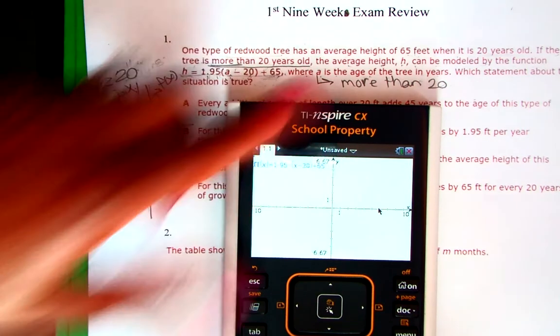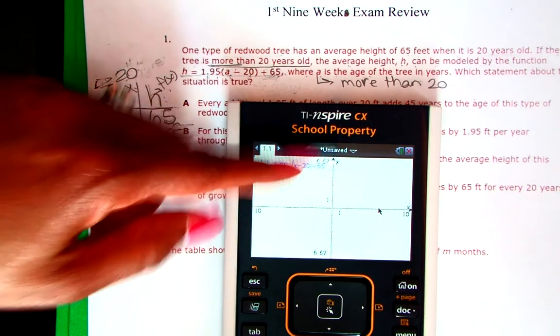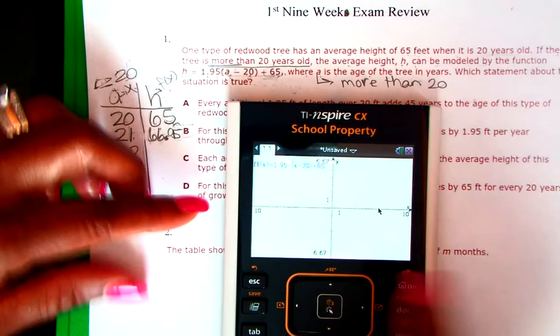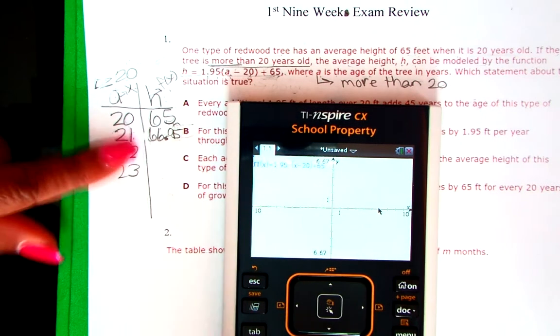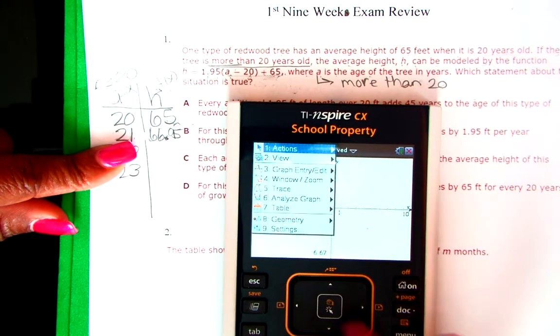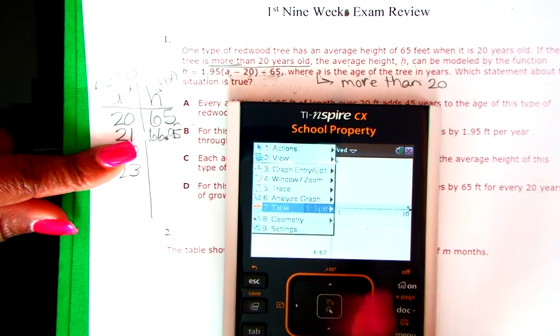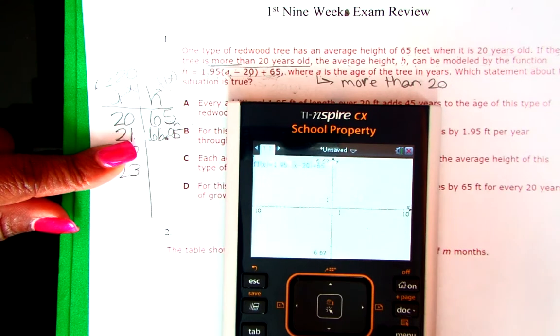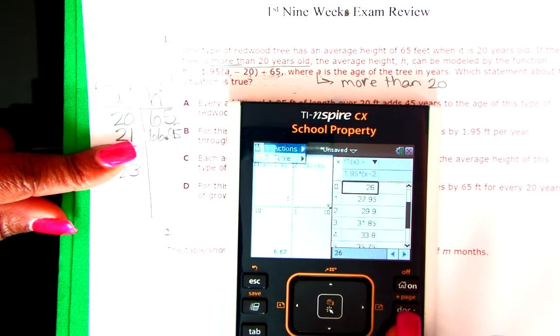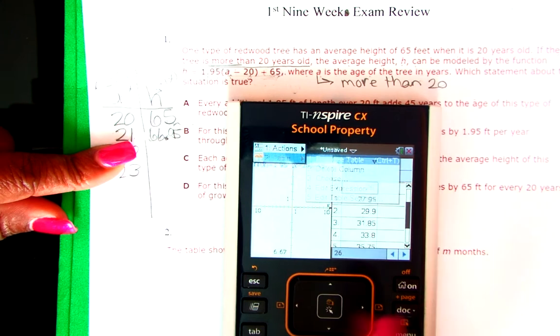You don't see the graph because the 65 is up, and I have to change the domain and the range for this. Actually, the range, and I'm not going to do that because we want to focus on the table. That's what's going to help us really look at the information. So I press menu, go to table, split screen table, and here it starts with 0. I'm going to change that. I want it to be 20.